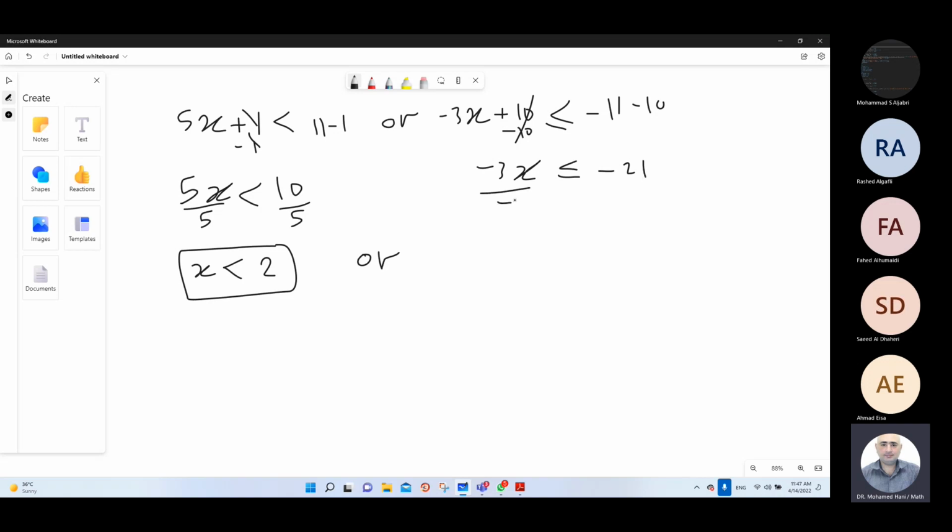Divide here by minus 3 and divide here by minus 3. So minus 3x divided by minus 3 will be x. And always remember, when you divide the inequality by a negative number, switch the sign. Switch the sign. Minus 21 divided by minus 3 will be 7.